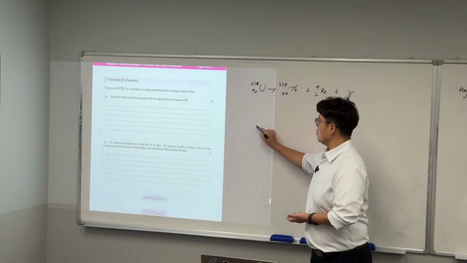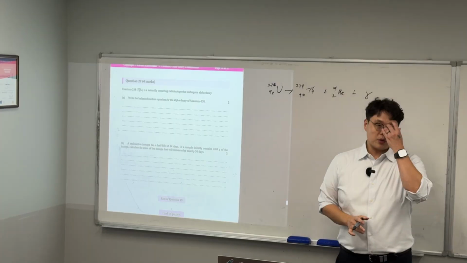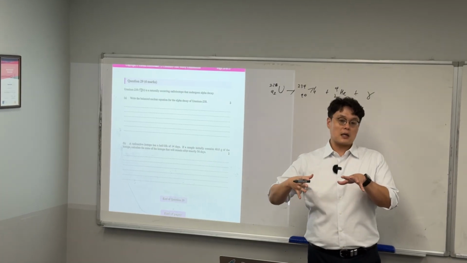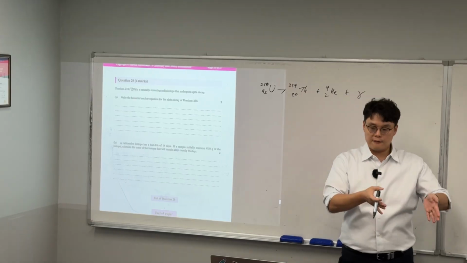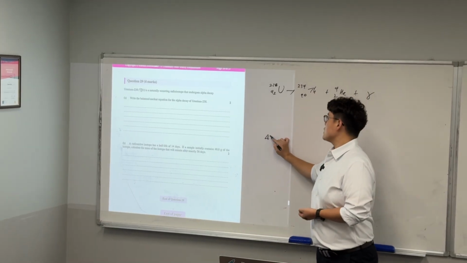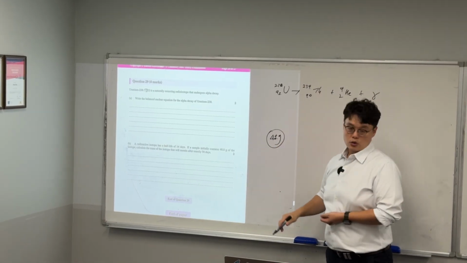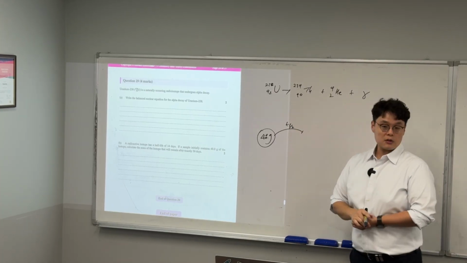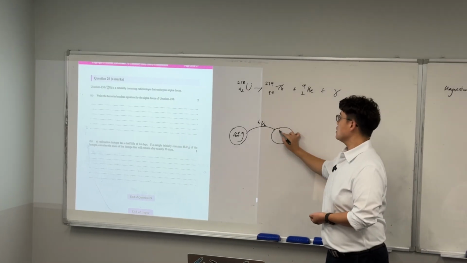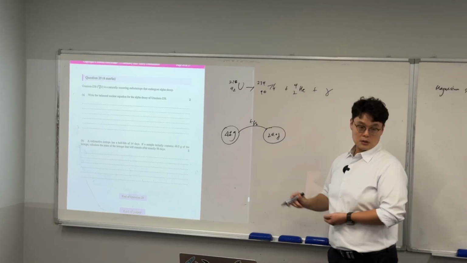I don't mind either. Half-life means the time taken to decrease the initial amount to half. So if we start at 48 grams, after one half-life, it will decrease to 24 grams.